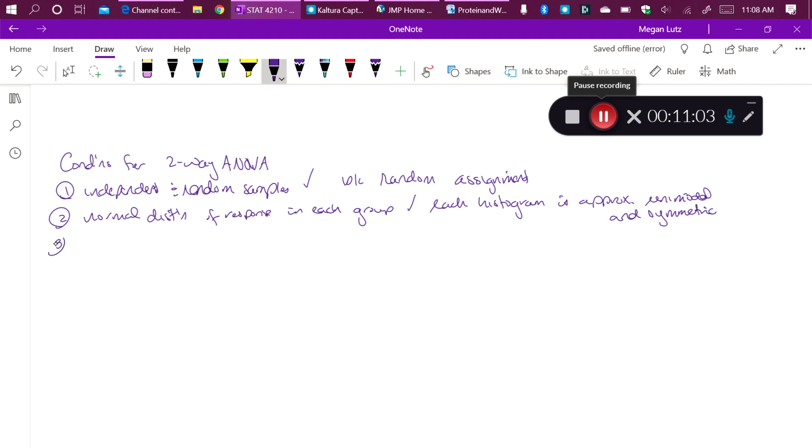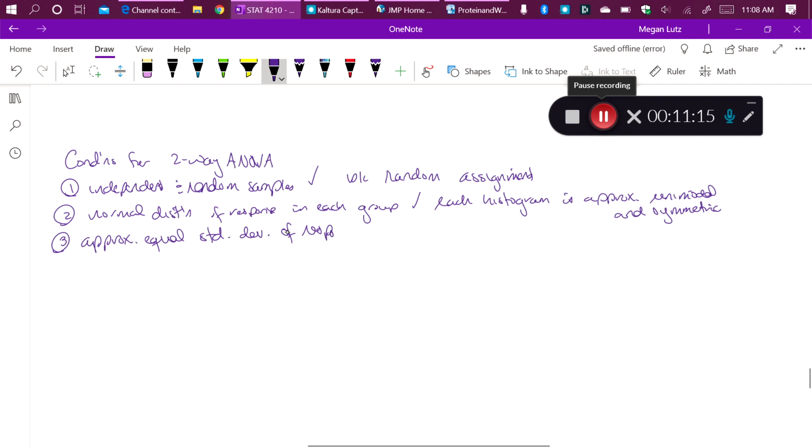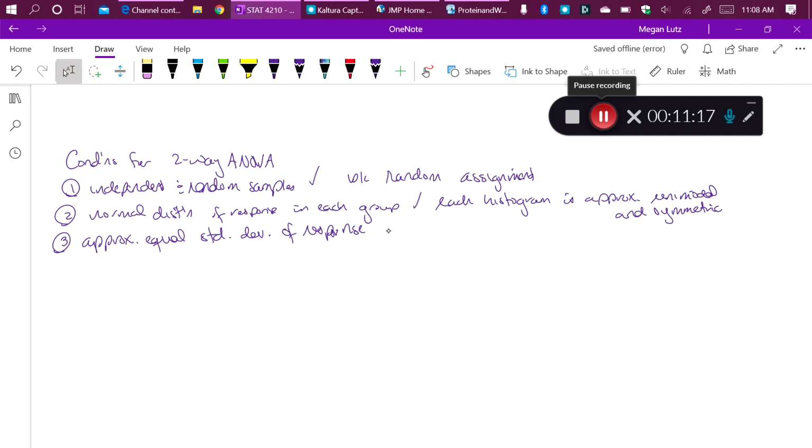Awesome. The third one, we have to have approximately equal standard deviations of the response for each group. We're going to go back to the output.